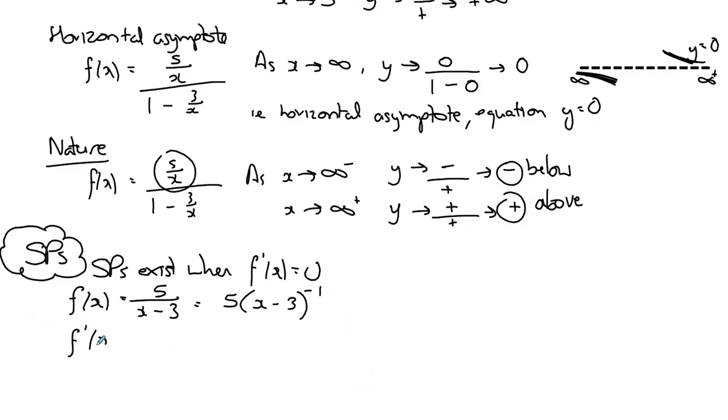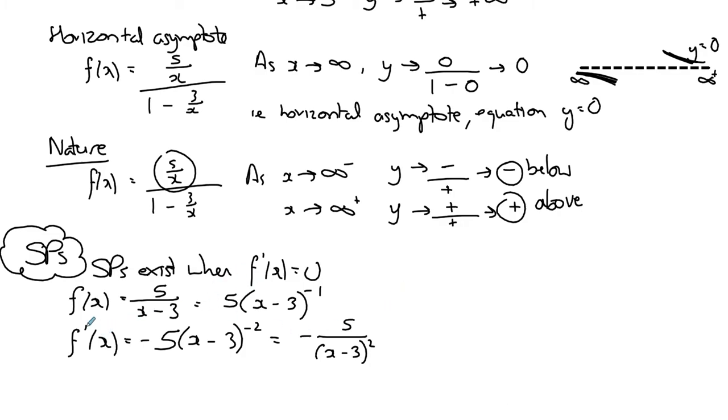So the first derivative, just using my differentiation techniques, I've got negative 5 times x minus 3, take 1 away from the power, multiply by the derivative inside here, which is just going to be 1, so there's no change there. In other words, we've got negative 5 over x minus 3 squared. That's my first derivative.